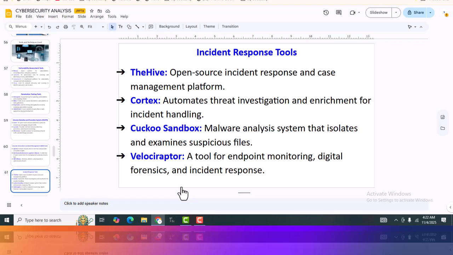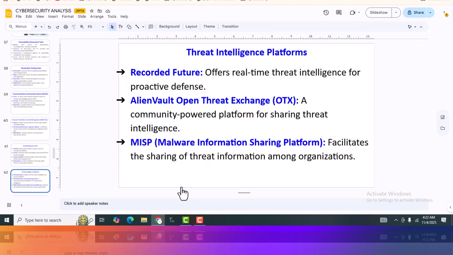We also need threat intelligence platforms like Recorded Future, AlienVault Open Threat Exchange, and malware information sharing platforms like MalwareBazaar, and different platforms that we can look at when we get to malware analysis.